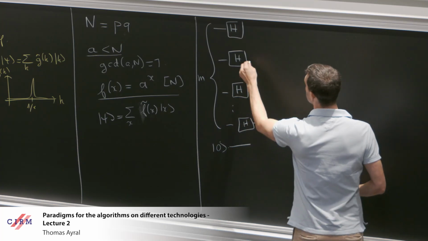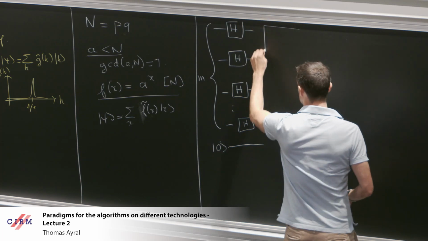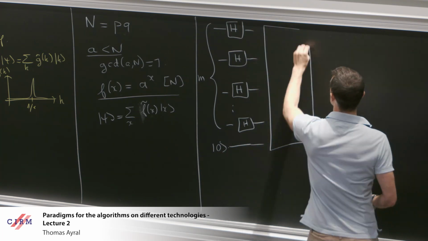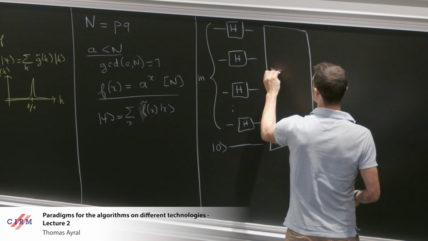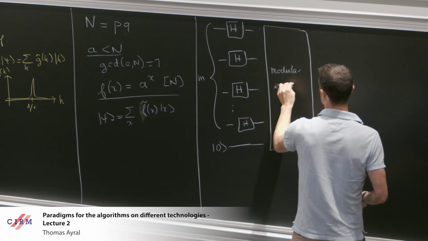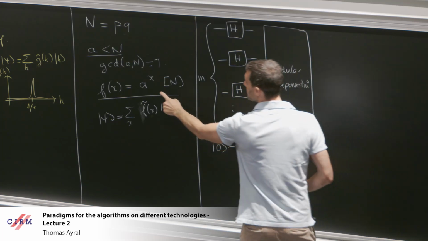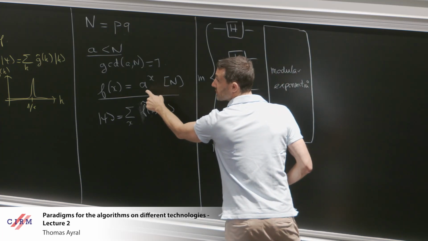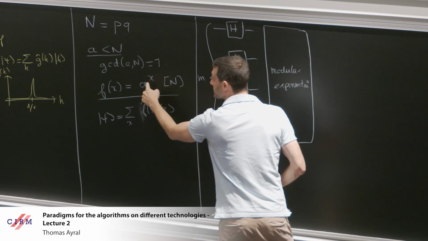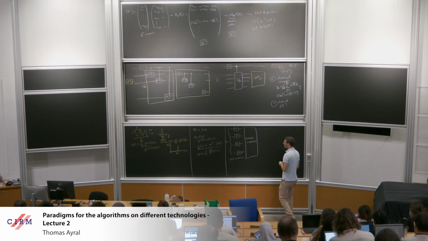And then I'm going to suppose that I have a black box that I'm not going to focus on too much today, which does what we call modular exponentiation. And this modular exponentiation is essentially this operation. You exponentiate a to the power of x modulo n. So this is what this box does.